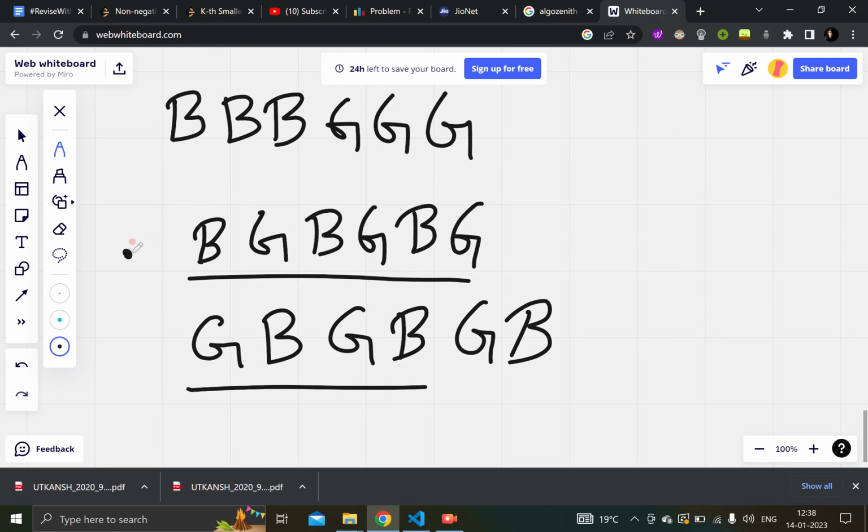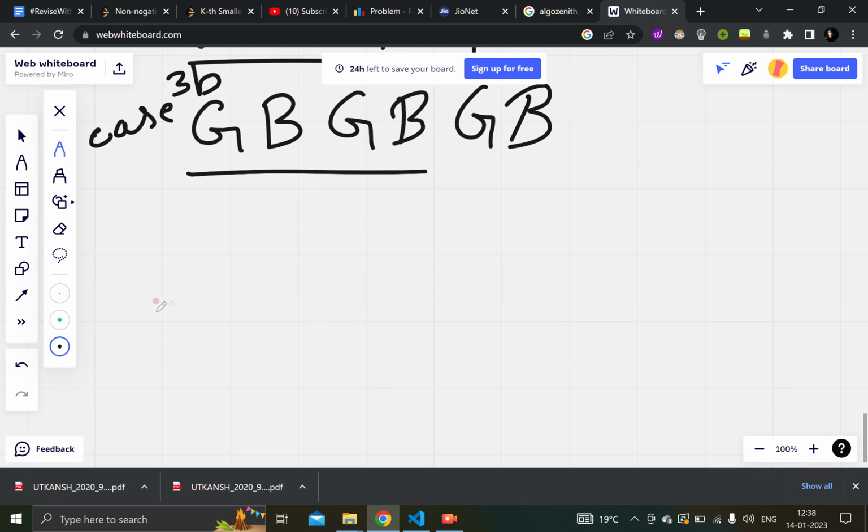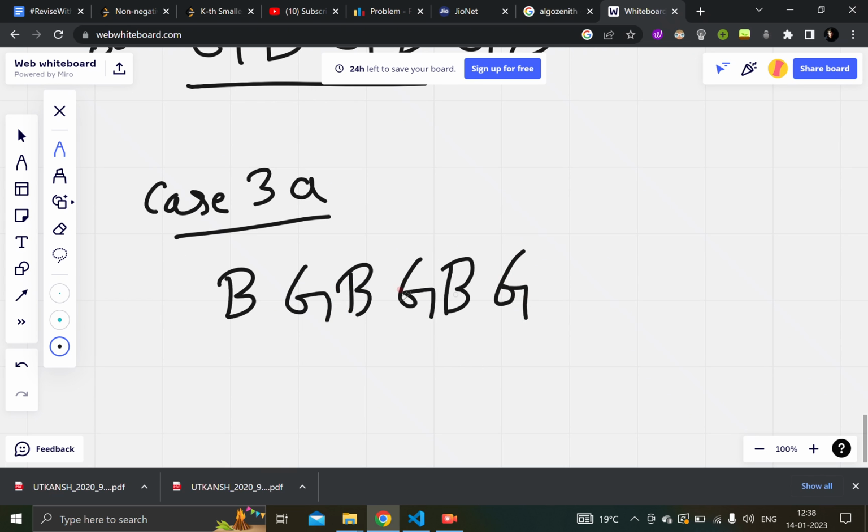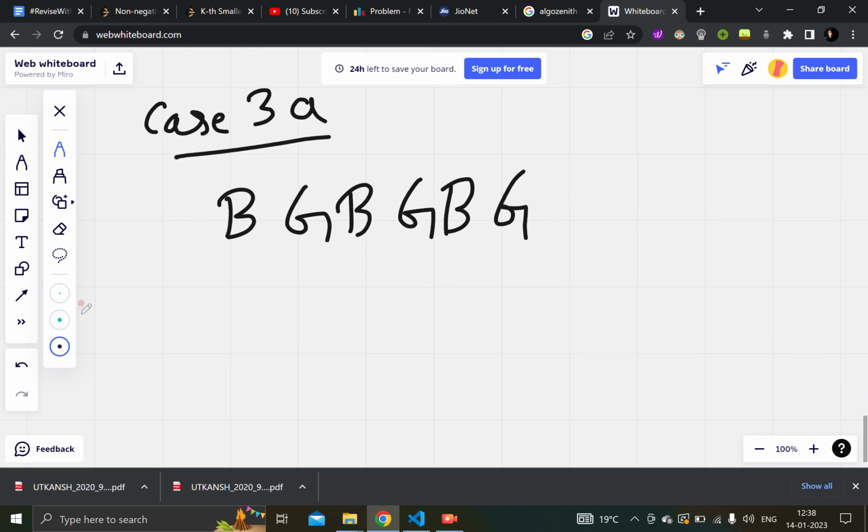So let's just consider this as case 3A and case 3B, right? So in case 3A, let me look, yeah, boy, girl, boy, girl, boy, and girl, okay. So what is this? This is one of the final arrangements, one of the possible arrangements which we get.